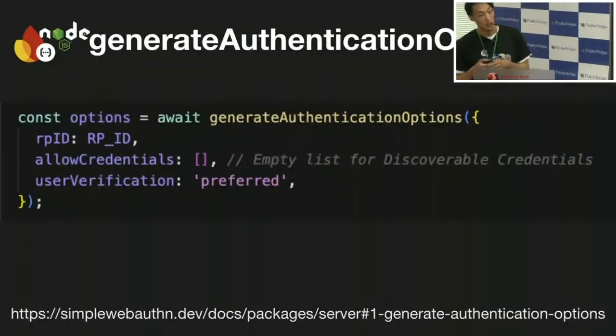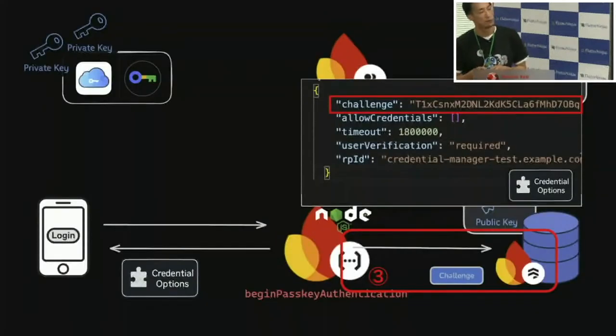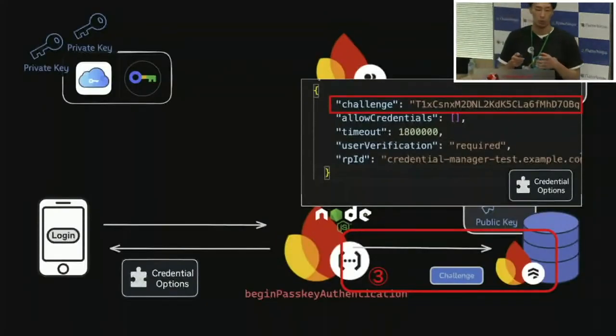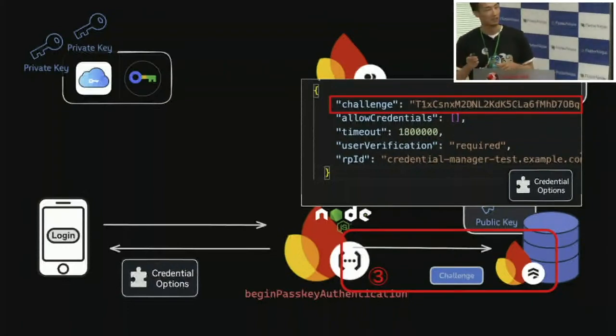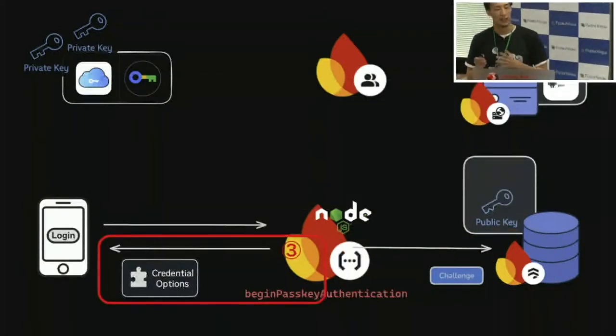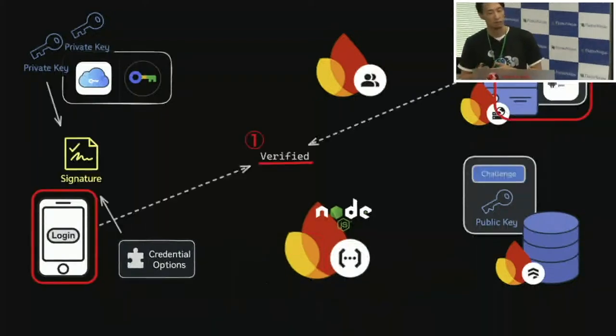This will be done with generate authentication options in the SimpleWebAuthn library. Just as simple as that. And then again, we will be having a challenge and storing it in the database, and sending the credential options back to the client side.